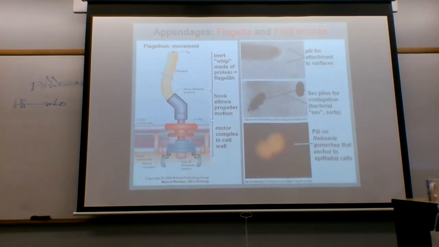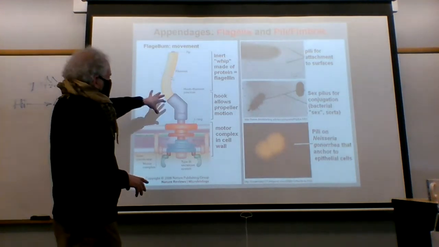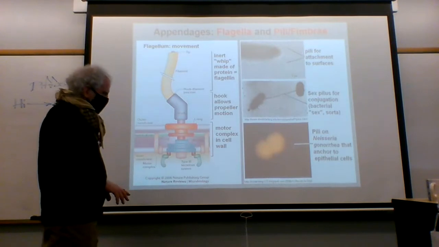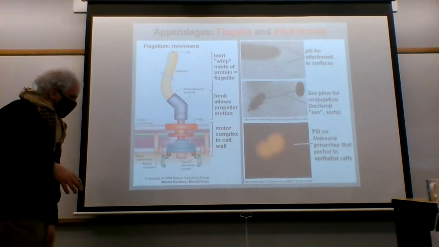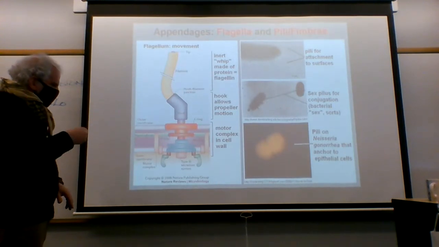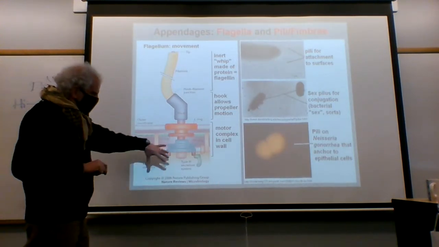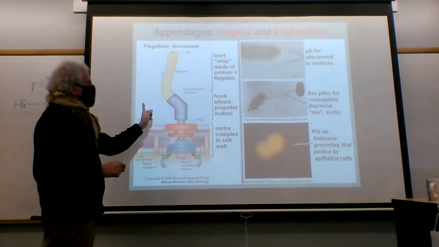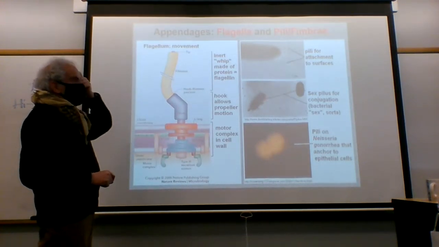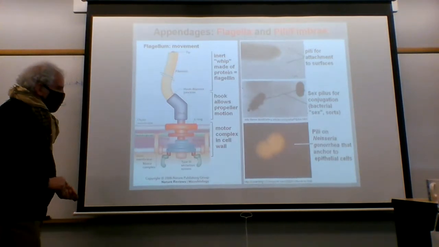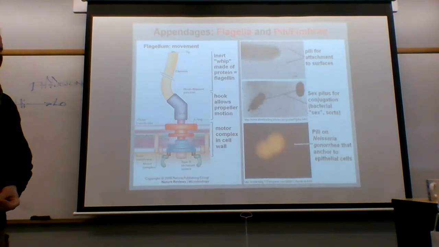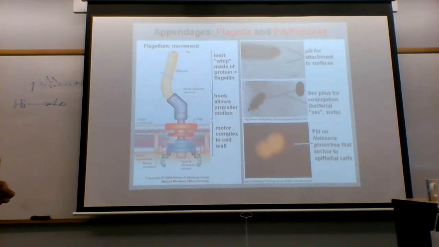And what you have is a really complicated set of proteins we refer to as a motor complex, but of course it is just a series of proteins binding to each other. And they hydrolyze ATP, and that causes change in shape of the proteins, which in turn causes this thing to start moving around. It's a whip. And this allows for kind of a spiraling screw motion. They can begin to move around.